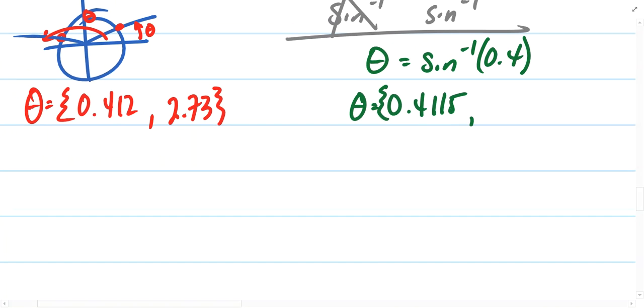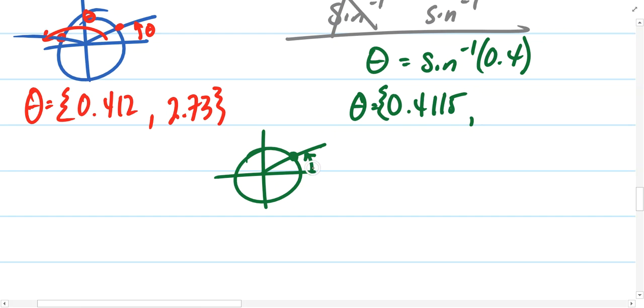And to obtain the second answer, you've got to be kind of thoughtful about it. Again, the 0.4 radians was this position right here, and the rotation from the horizontal positive x-axis to this position is going to be the same as the rotation from the negative x-axis to this position.